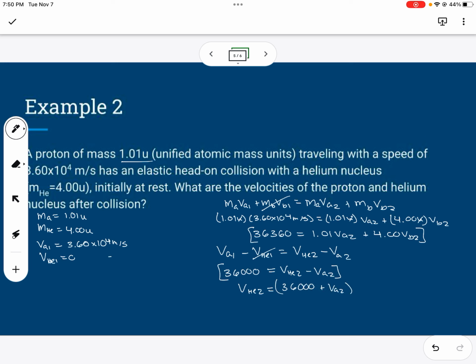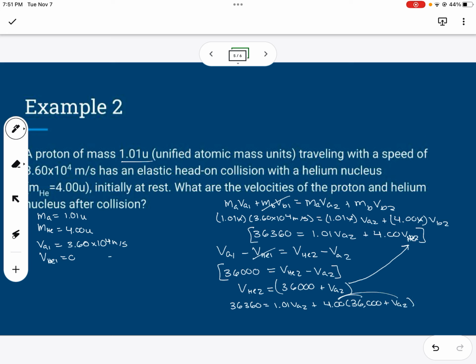And I'm going to plug this into VHE2 up there. So I'm going to end up with 36360 equals 1.01 VA2 plus 4 times (36,000 plus VA2).